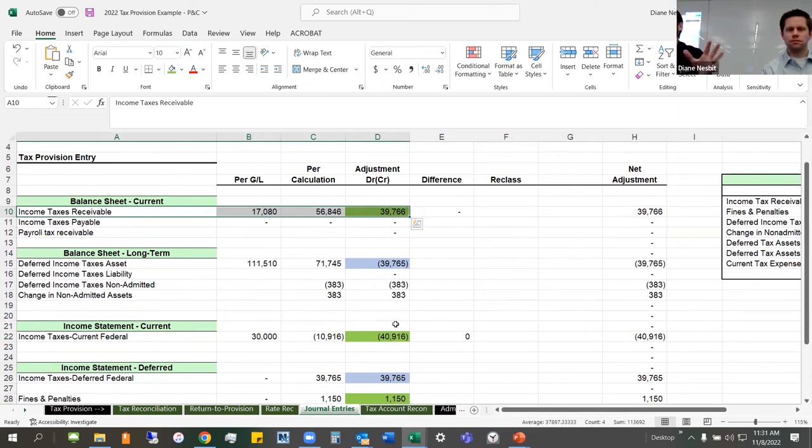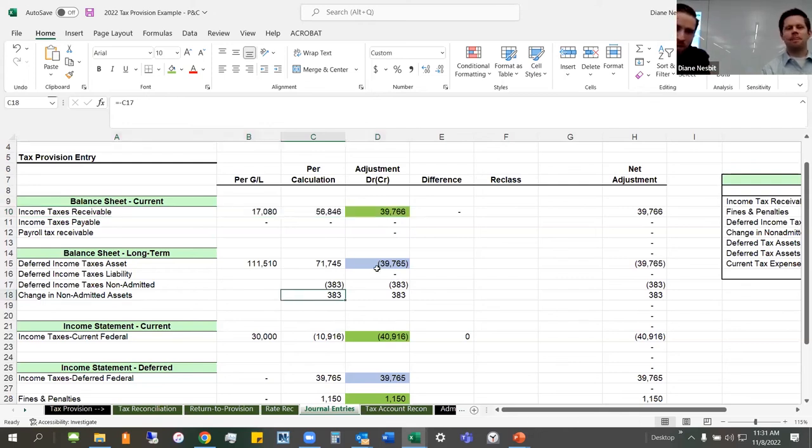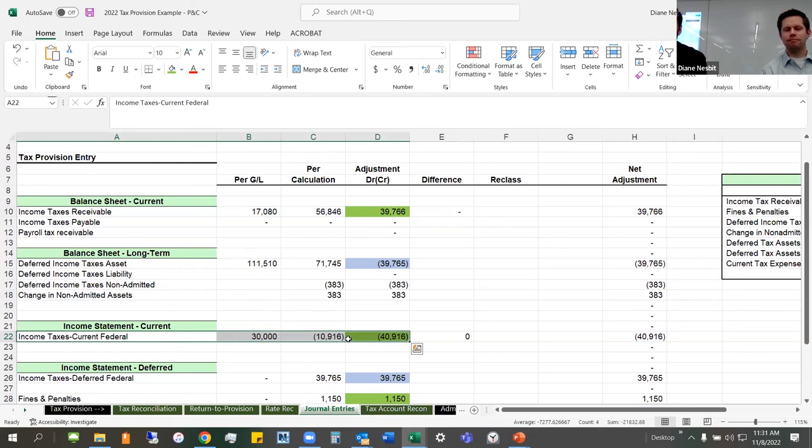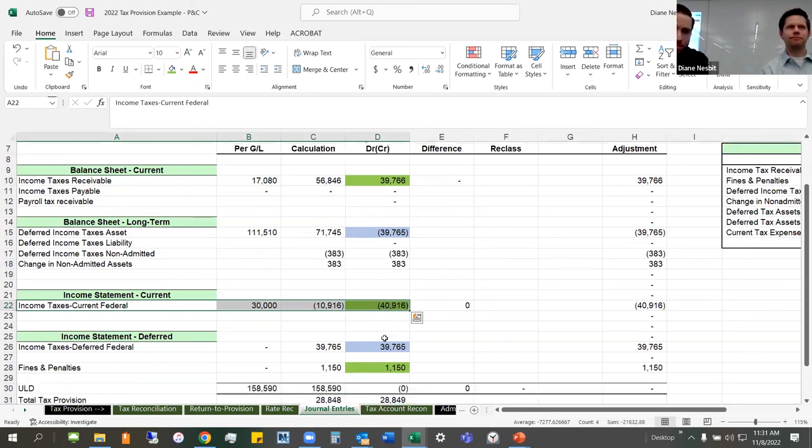Sometimes there are reasons you reconcile, and that's probably what takes us the most time. But the moral of the story is if you get your balance sheet number right, then you're going to figure out your expense. It kind of needs to be what it needs to be. Yeah. So that's our overview.